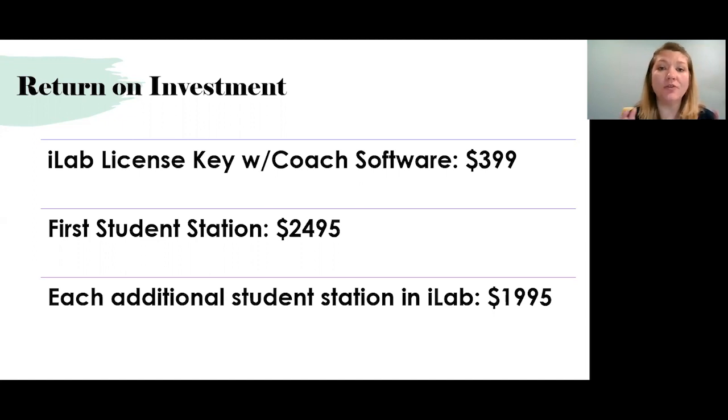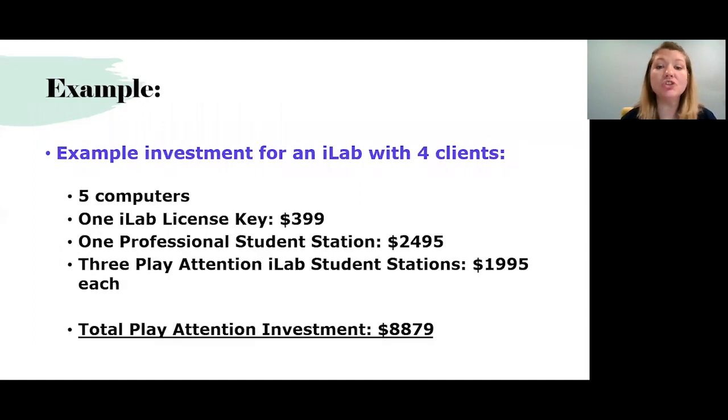So now we've talked about numbers, let's look at them as we're bringing revenue in. An example, if we had an iLab with 4 student stations, remember we have that pro system first, and then we have those other student stations. So we would have 5 computers. We'd have 1 iLab license for $399.